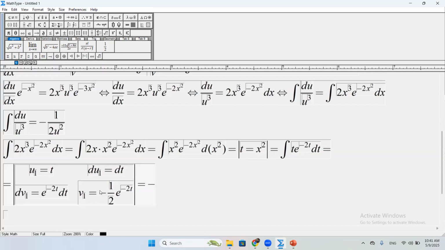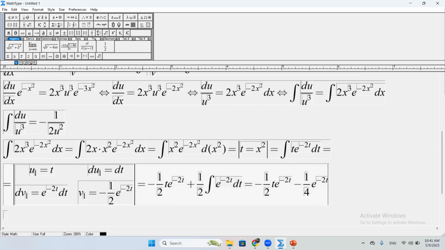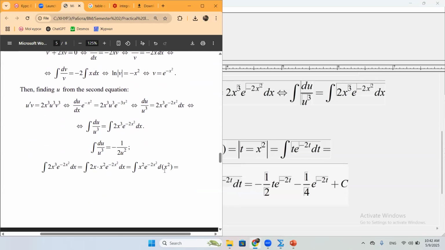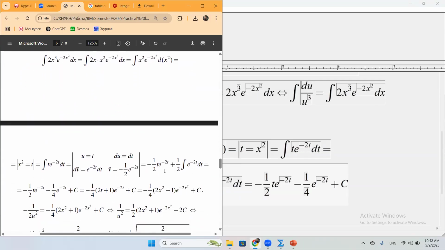So we have the following expression: this multiplied by t, plus 1 over 2 integral of e to the power of minus 2t dt. Now receiving minus 1 over 4 e to the power of minus 2t plus c. Let me check if we use c here. Yes, we'll use c here.